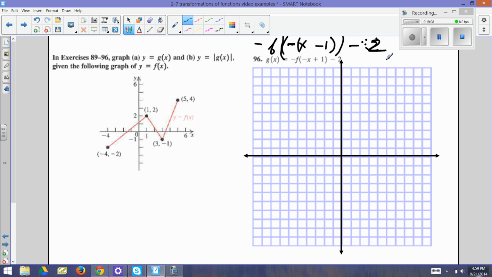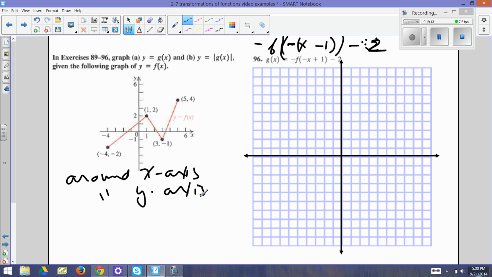The negative in front of the f, my y is changing signs from positive to negative. So this is around the x-axis. The negative in front of the x is the x changing sign, so that's around the y-axis. So my x's and y's change signs.